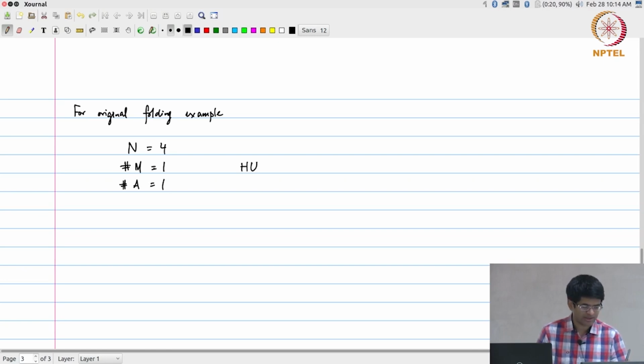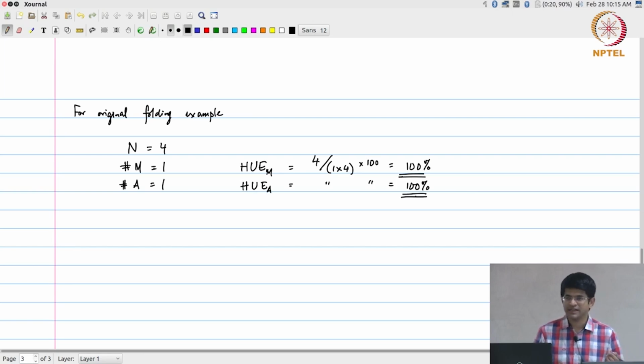So what was the hardware utilization efficiency of the multiplier? The number of operations was 4, divided by the maximum possible operations with 1 multiplier and 4 time steps, which was also 4. 100%, and similarly for the adder also. So that kind of architecture is basically our goal.